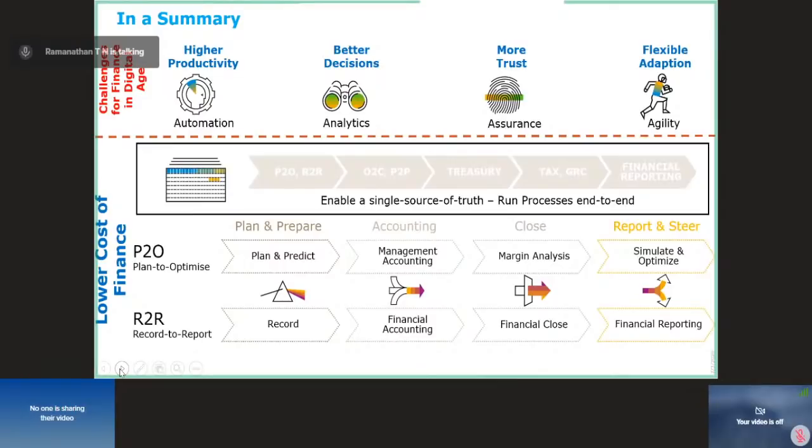So this session was largely trying to quickly take you through what is SAP, what has been SAP's evolution, how SAP has transformed finance, how SAP S/4HANA Finance has aligned to the emerging changes to the business requirements and the ever-emerging technological changes and cyclical trends.